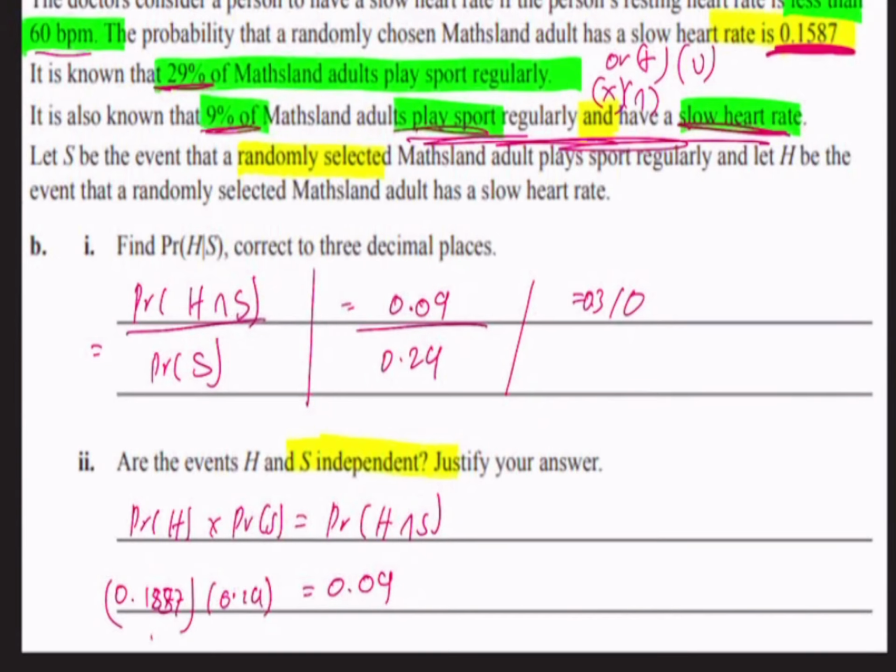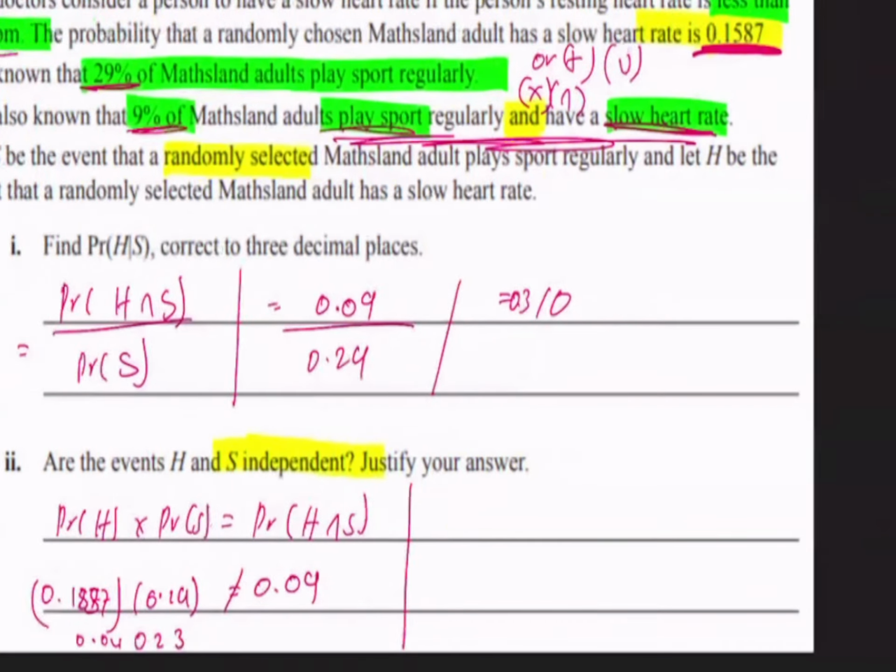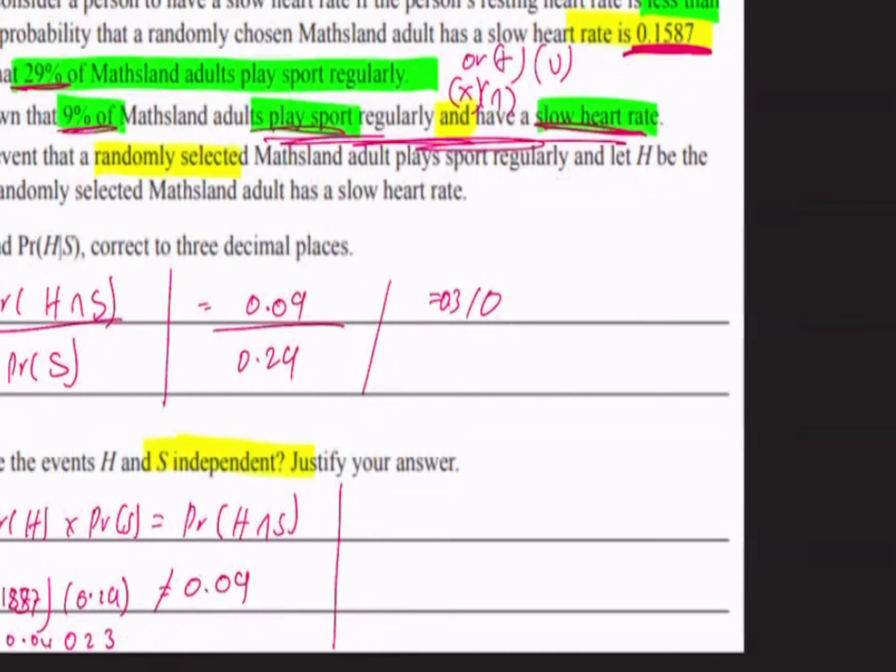You actually get 0.04023, which is not equal to 0.09. So we know that they're not independent because this doesn't hold true. Since probability of H times probability of S does not equal probability of H intersection S, they are not independent.